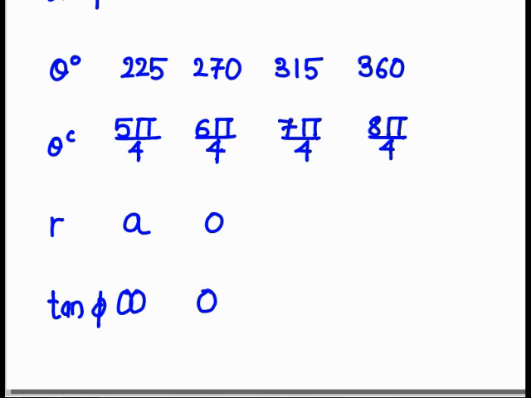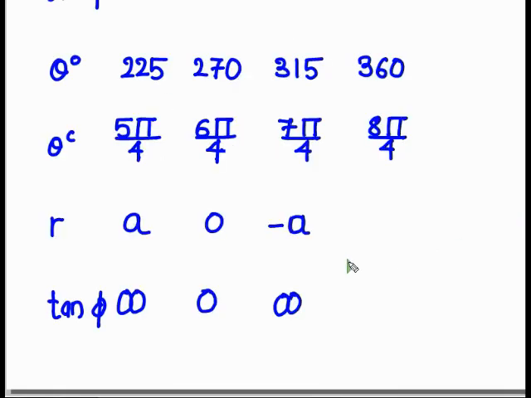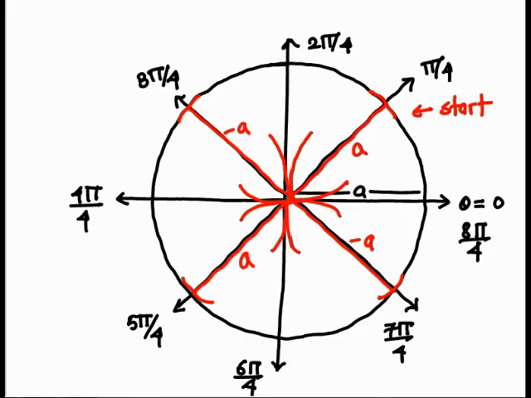So in the diagram this is the behavior of the curve at 6π/4. At 7π/4, radius value is minus a and tan φ value is infinity. So this will be represented in the curve like this at 7π/4.